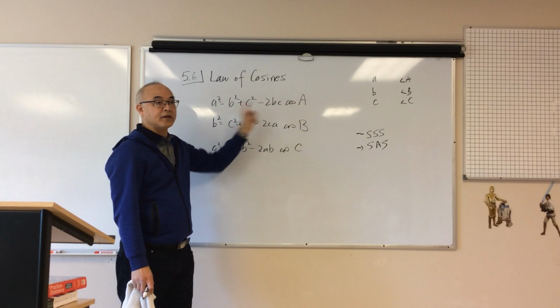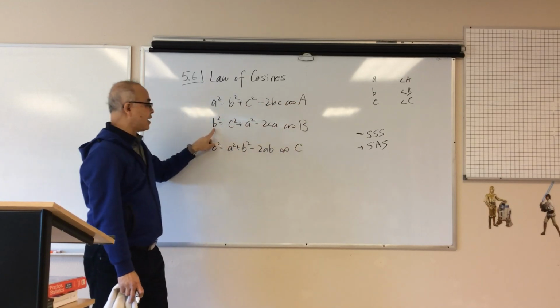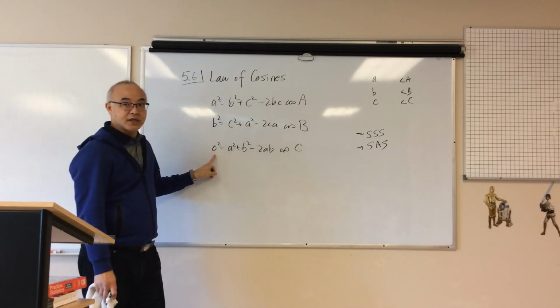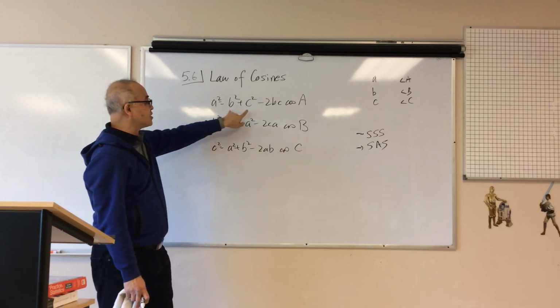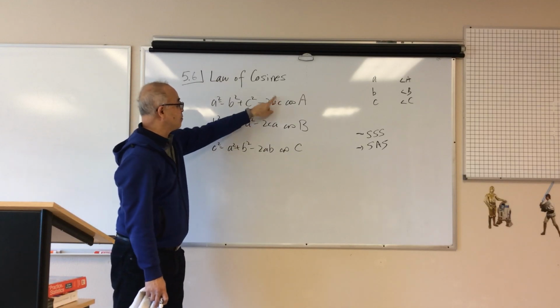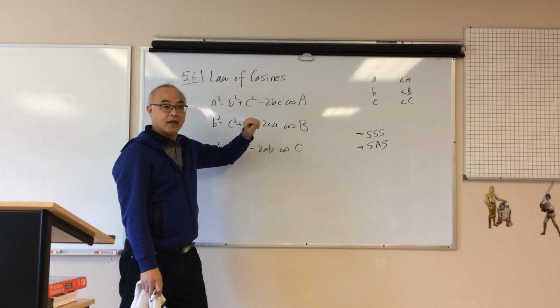There's only one angle in each of these equations, right? Angle b, length b, angle c, length c. The way I like to remember this is that a squared, the rest of the other squared added together, minus the middle term of that, 2 of them, right? And then the cosine a.